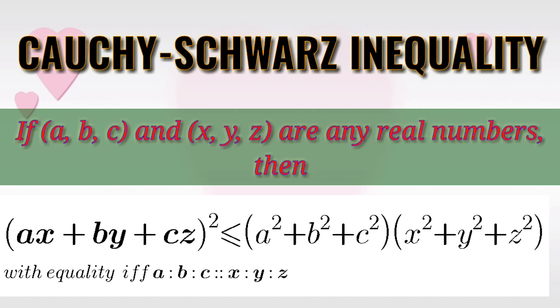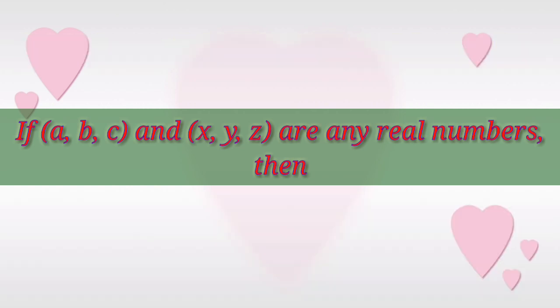The equality holds if and only if a:b:c is the same as x:y:z. This is what the Cauchy-Schwarz inequality is.